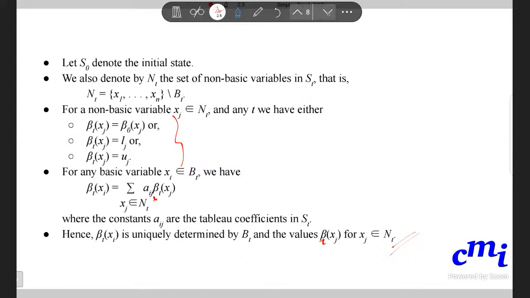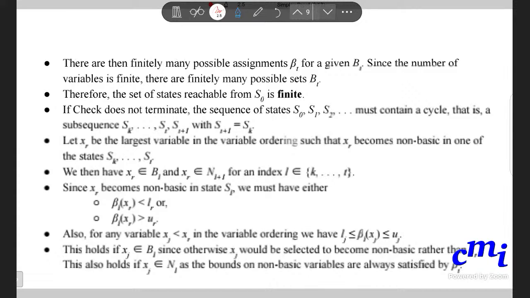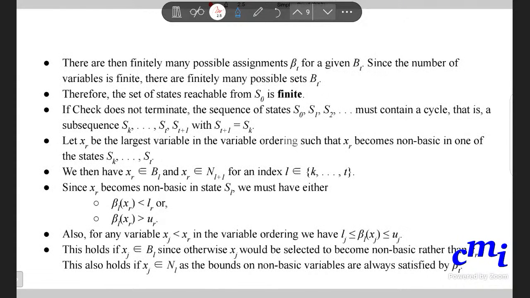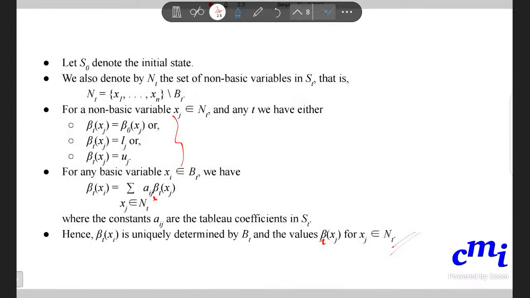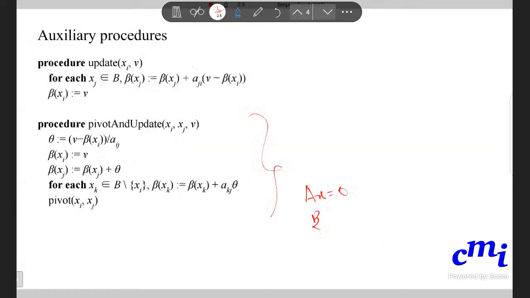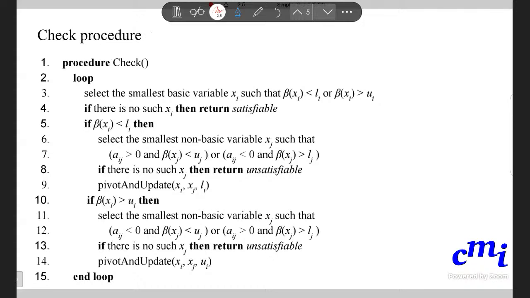So these l's and u's are lower and upper bounds, right? Just a question, why can't the values be in between? That is due to the algorithm. You're always putting either the upper or lower bound. No, go back.